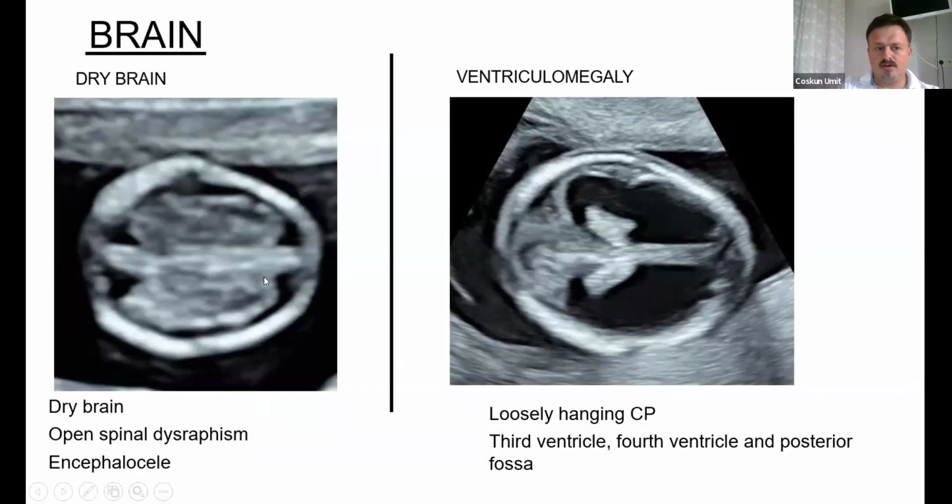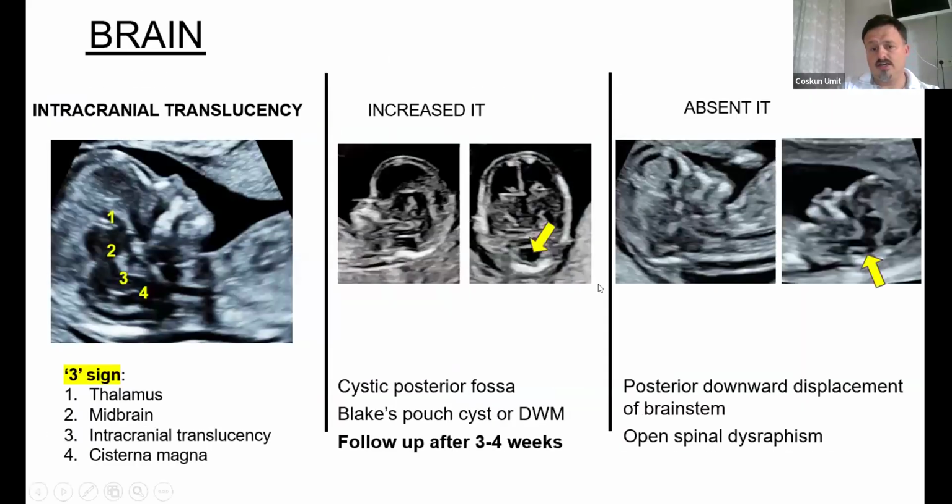So this is an abnormal finding. The other one is an abnormal finding too, because the choroid plexuses are too small and they are not filling the lateral ventricles. So this is an example of early ventriculomegaly, but don't forget, it is a bit problematic to say ventriculomegaly in the first trimester. So we should be careful and not call every case ventriculomegaly.